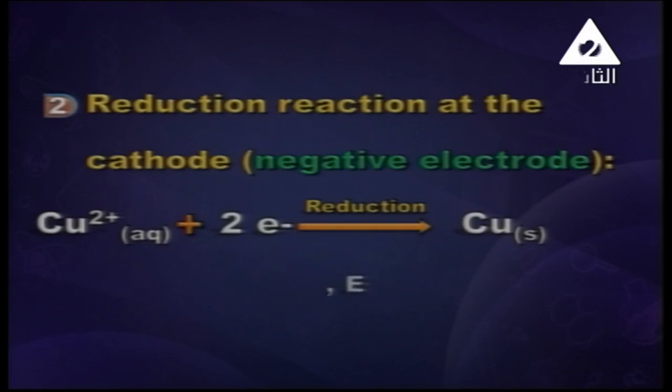Okay? And the E node of this reaction equals positive 0.35 volt. This means that copper prefers to be reduced while chloride does not prefer to be oxidized. Okay.